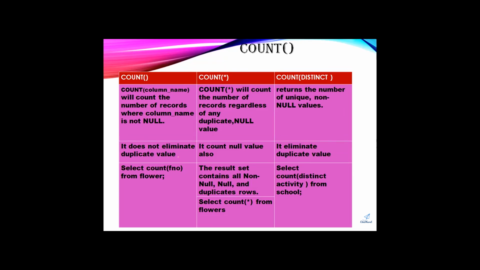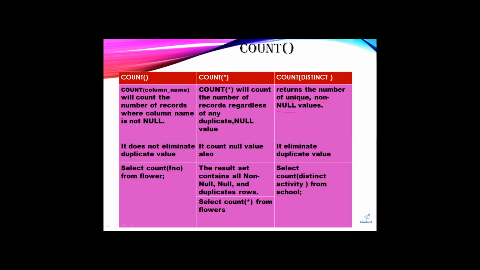Count distinct means not-null and unique values will be counted. So we just remember the word unique value. That means duplicacy is removed: if two values are the same, it will count one value.